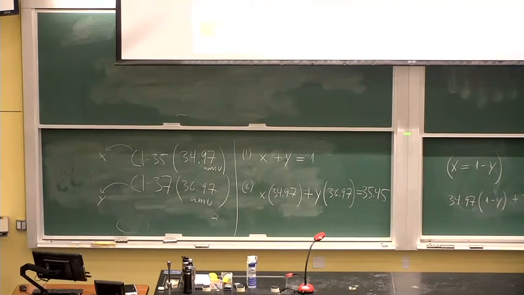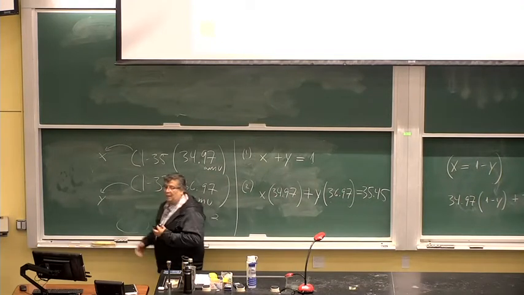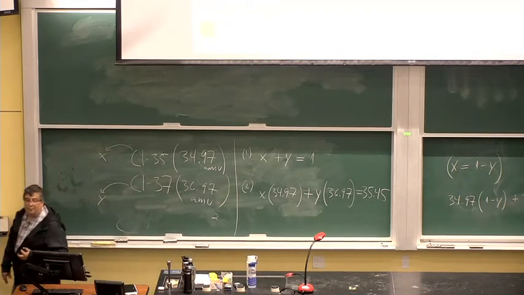And if we continue going here, we have 34.97 minus 34.97 Y plus 36.97 Y is equal to 35.45. Then, well, you can keep going.